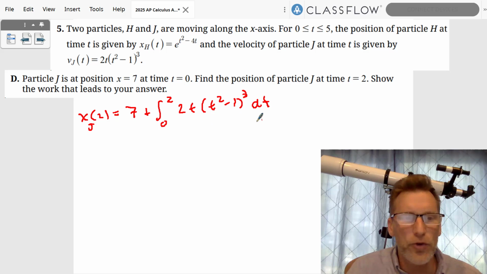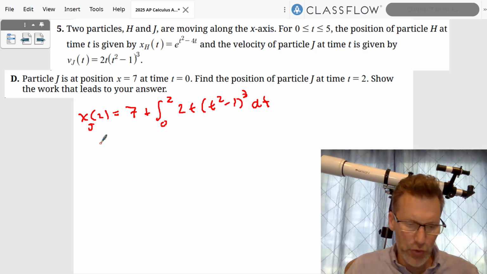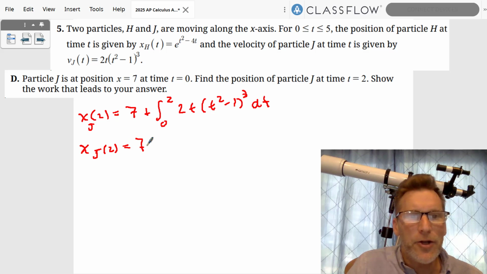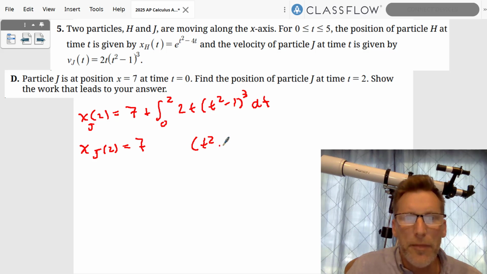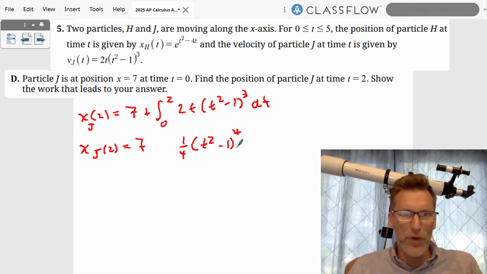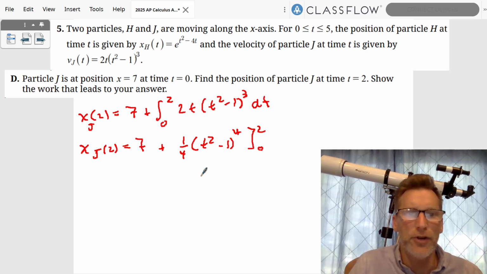If you don't see the integral here, you want to use substitution, but you might see it. The cubed goes up to 4, so t squared minus 1 goes up to the fourth power. You're going to divide by 4, and the 2t came from the chain rule on the t squared minus 1. So we are done with our integral, and we're going to evaluate that from 0 to 2.